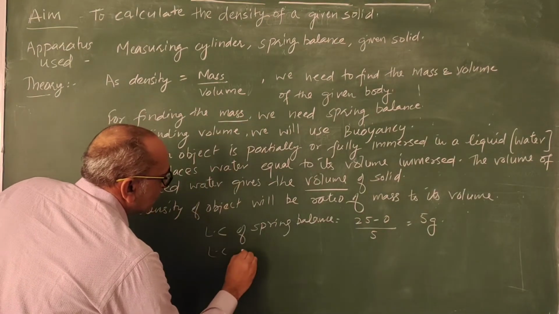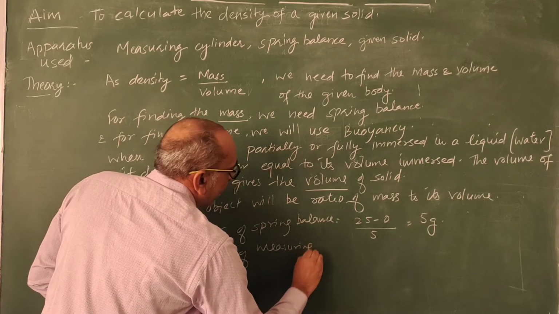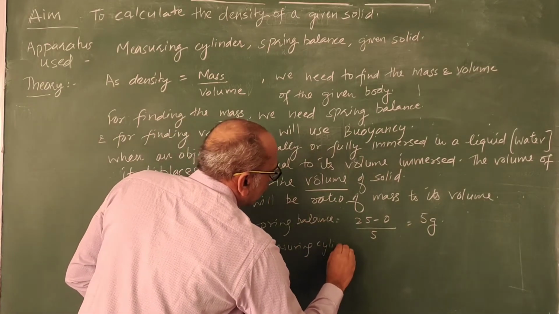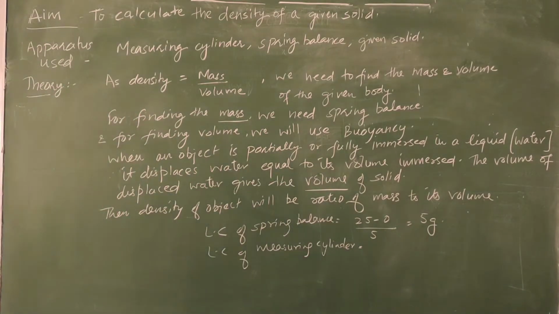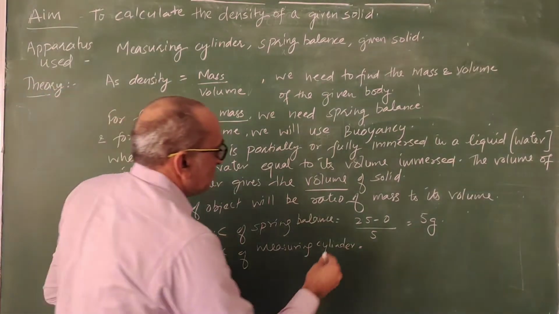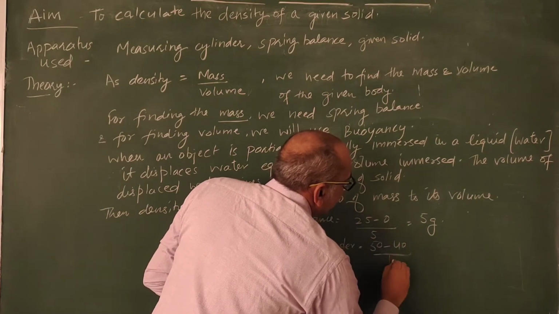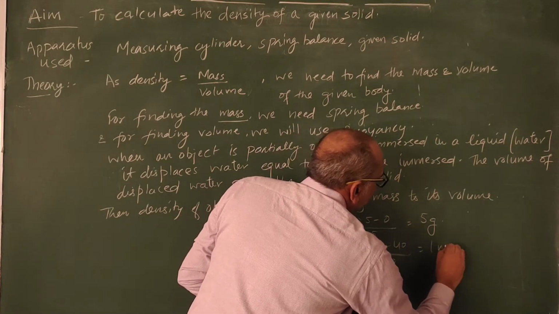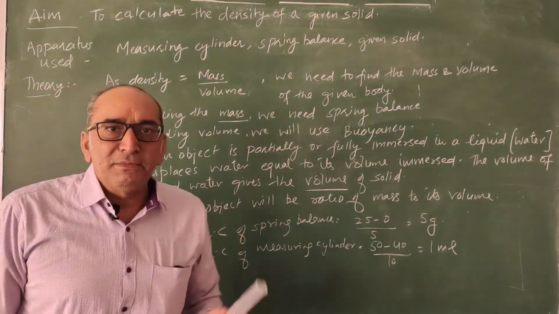And the least count of the measuring cylinder was 50 minus 40 upon 10, which is 1 ml. Now we can take the proper measurements from this apparatus.